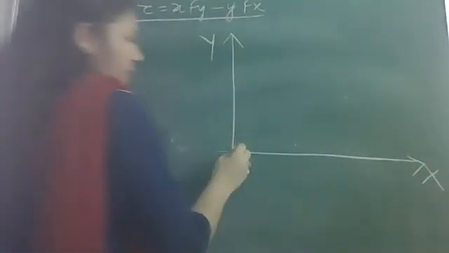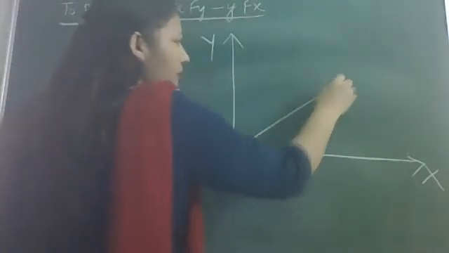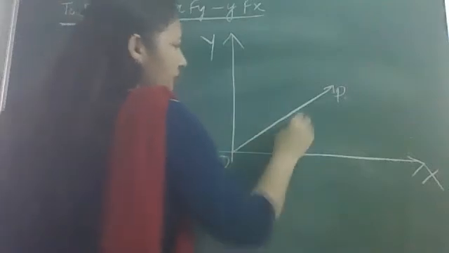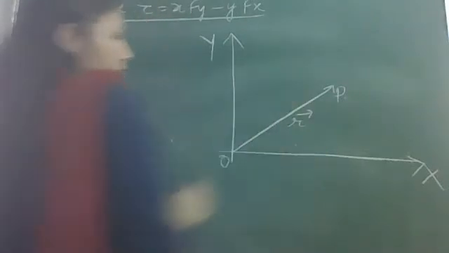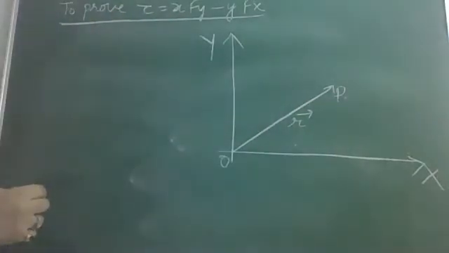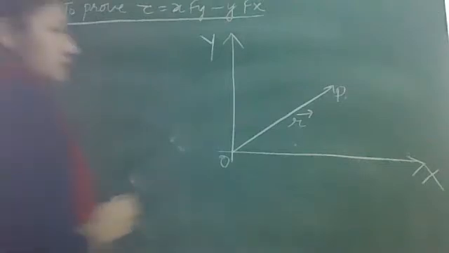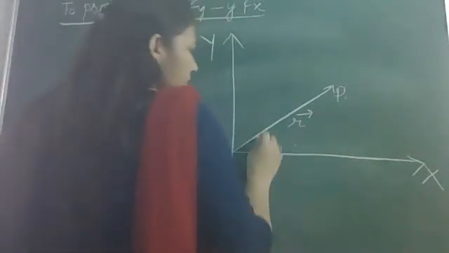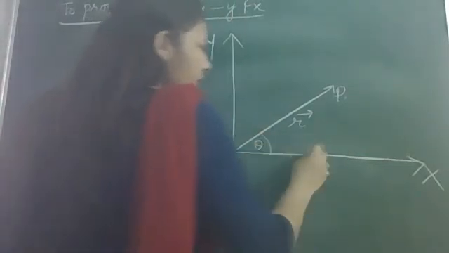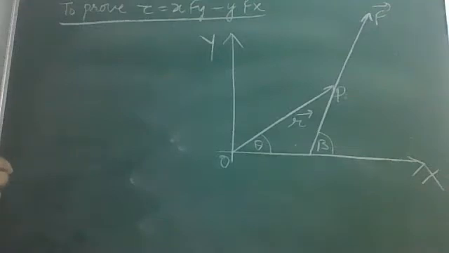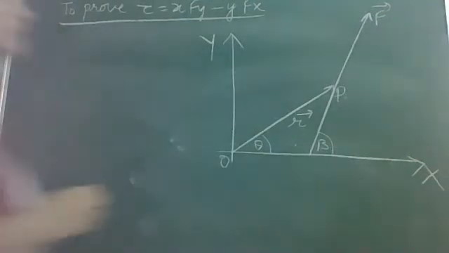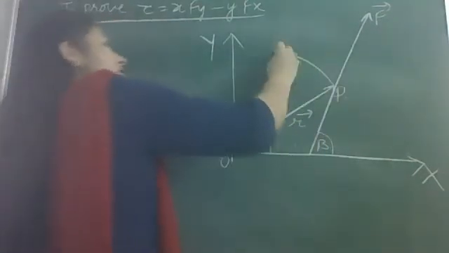XY plane I have taken. This is OP, equal to position vector R of any object, moving in this plane. Now, this is angle theta. Now a force acts at an angle beta to the horizontal on this object and rotates the object.